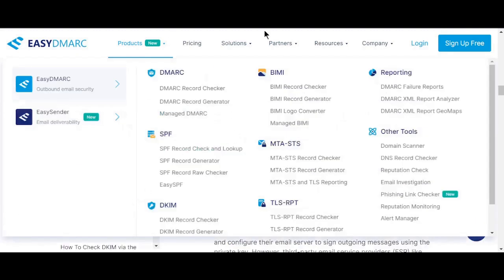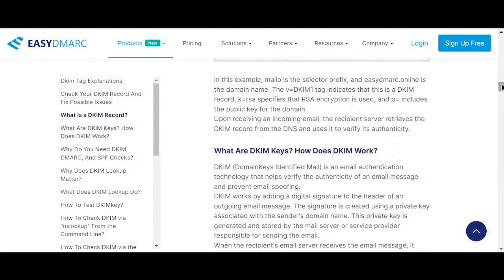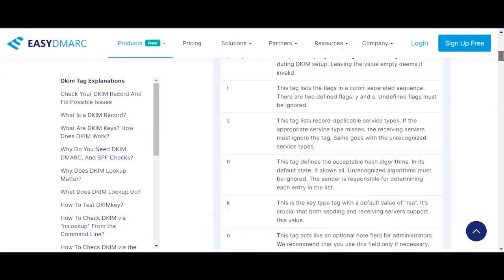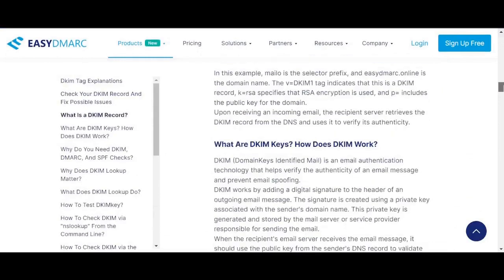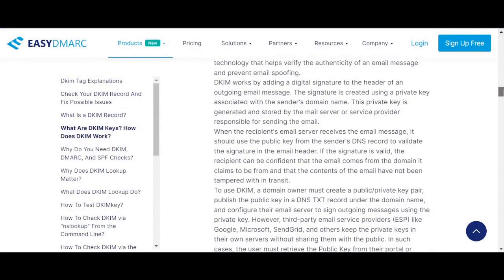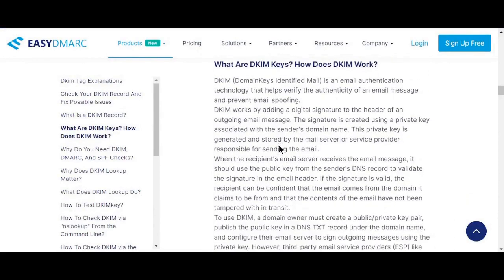The next one I'm going to talk about is the DKIM record, and the DKIM is a little more secure than the SPF.